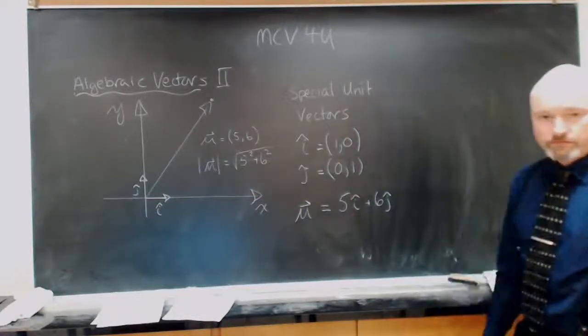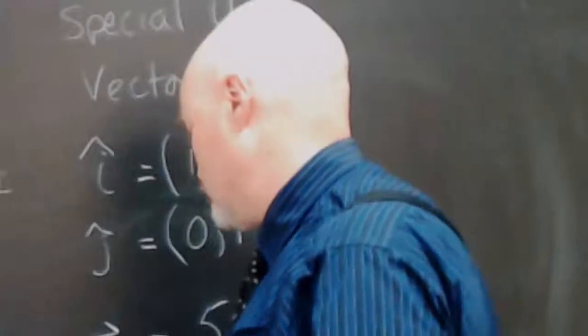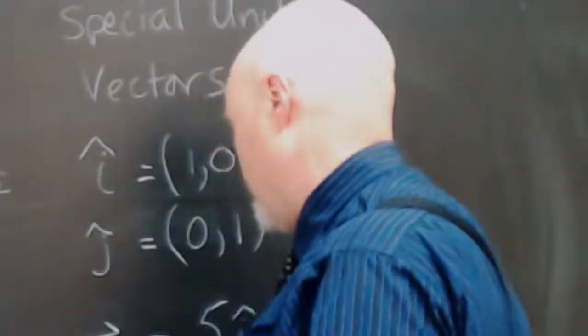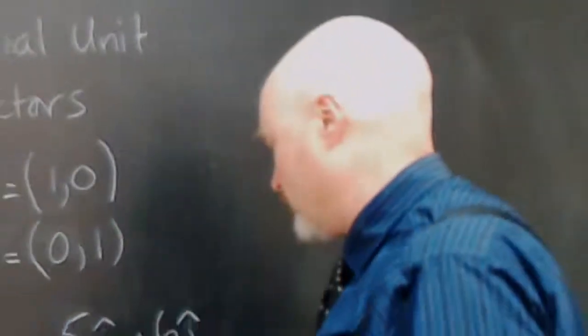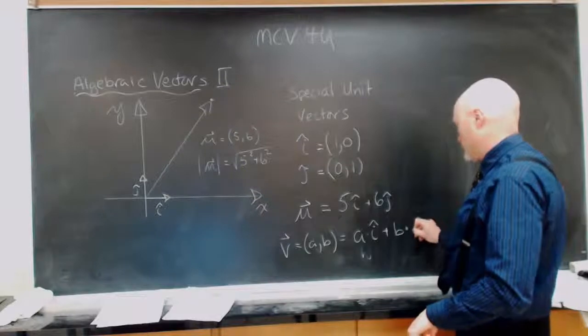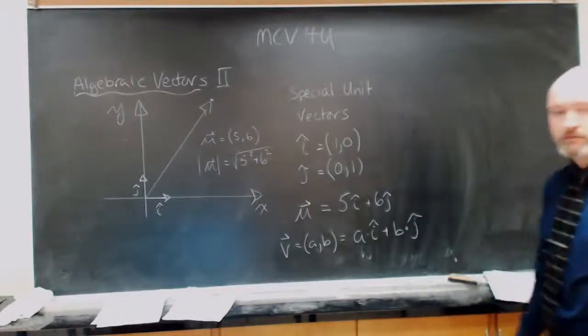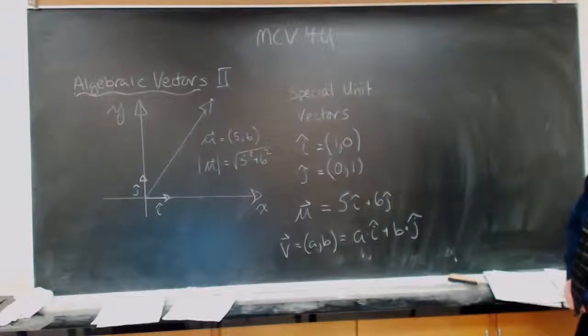That's right. So for any vector a, b, you could also express it as a times I hat plus b times j hat. And that's it for the I hat stuff.